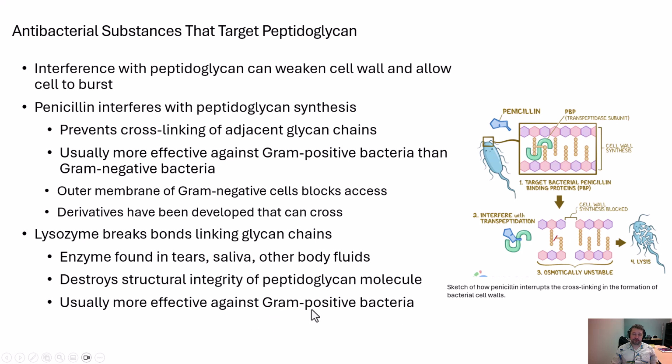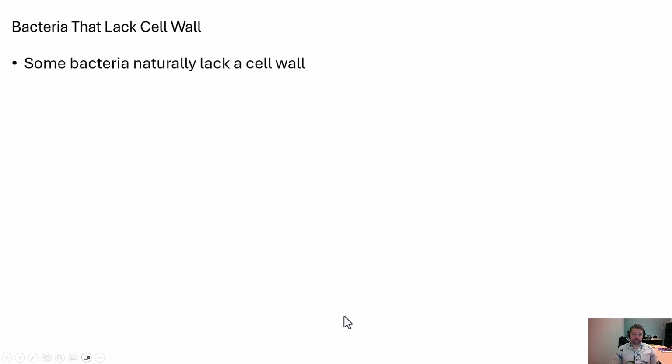And like penicillin, it's also more effective against gram-positive bacteria. All right, I want to kind of wrap it up with a group of bacteria.